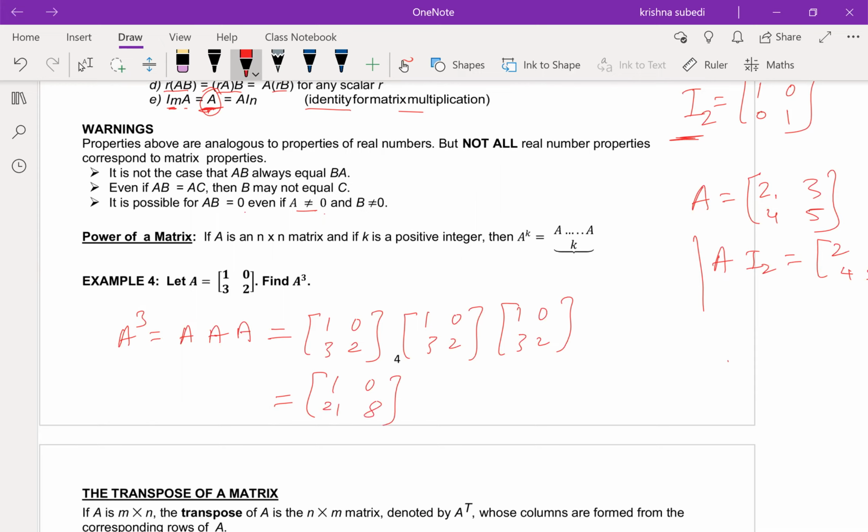I'll check with other people. I got the same. Okay, Minthia, same.